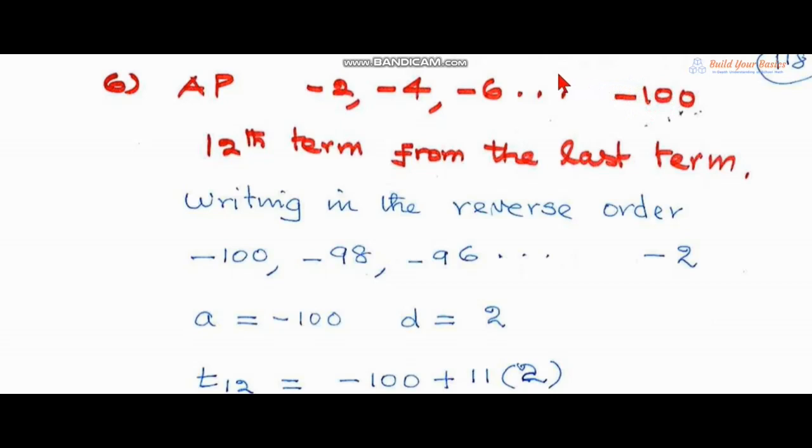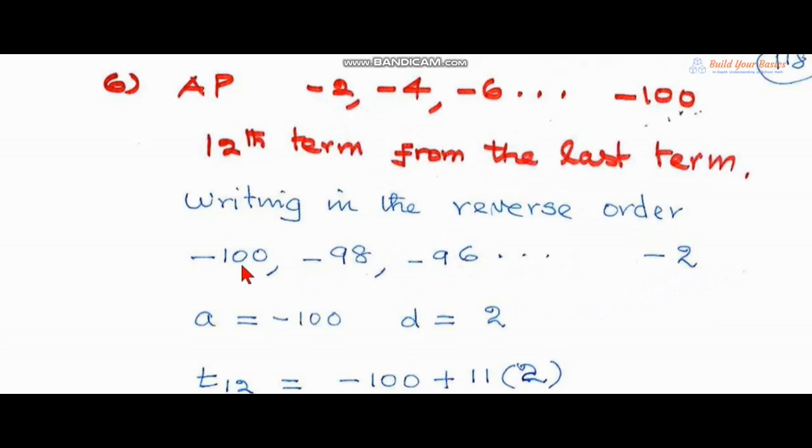What will be the preceding term? -98 plus 2, that is -96, and so on. So when we write the series in the reverse order, the first term would be -100. The next term will be -98, then -96, and so on. The first term of the given AP will become the last term of this series.